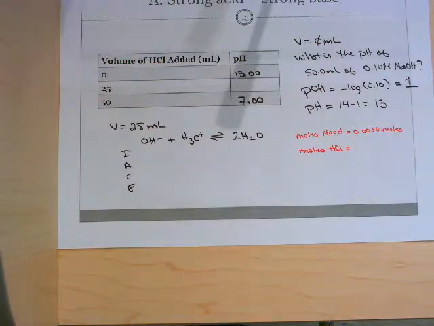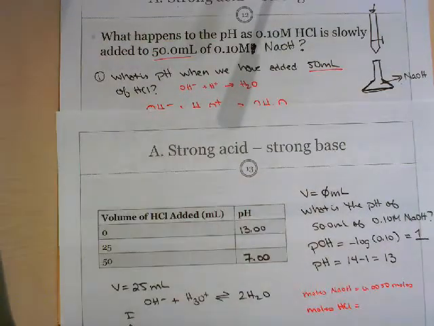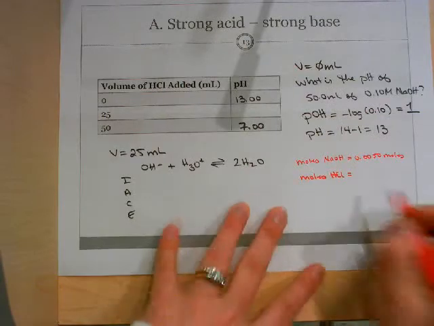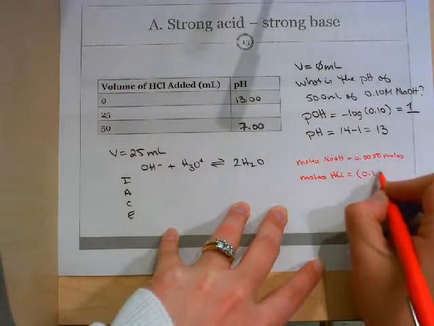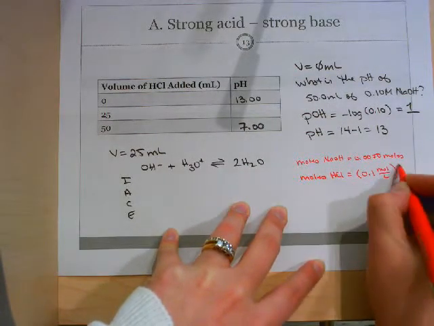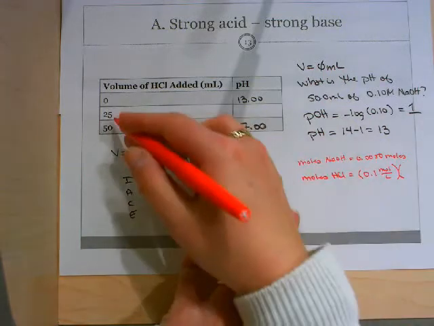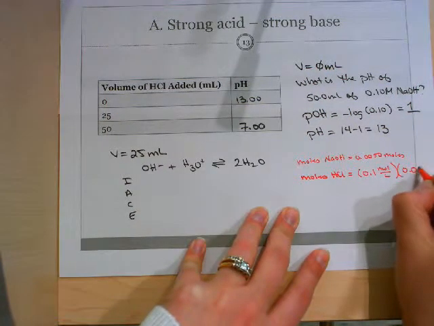How do I find the moles of hydrochloric acid? What do I know about the hydrochloric acid based on the question they gave me? I know the molarity, and then I also know the volume, right? So I know it's 0.1 moles per liter. And then how many milliliters, or how many liters, am I going to add of it? 0.025.